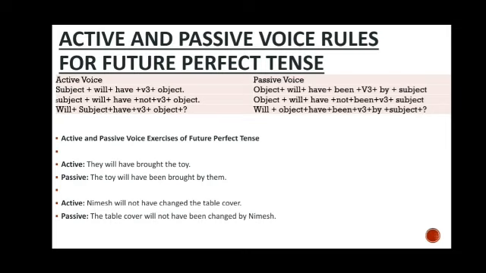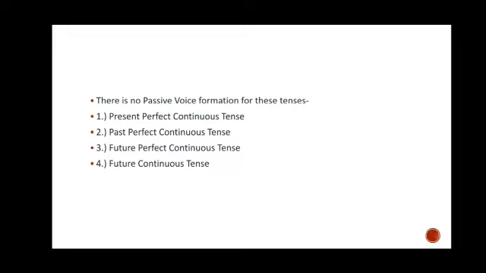Object will come first, then will, then have, then been, B-E-E-N, then verb third, then by, then subject. Example: They will have brought the toy. The toy will have been brought by them. Nimish will not have changed the table cover. The table cover will not have been changed by Nimish.